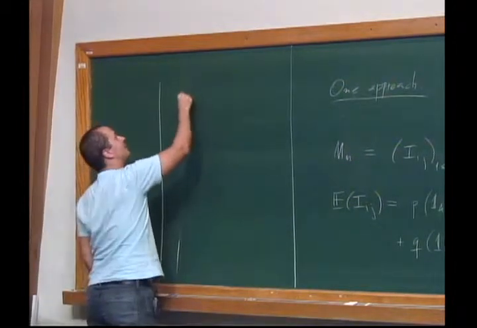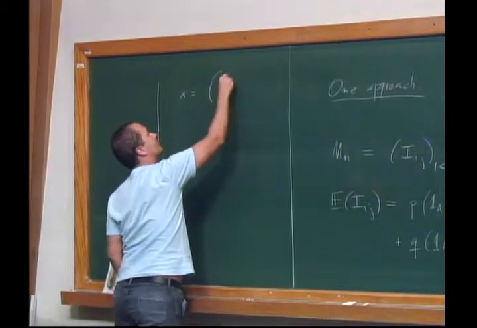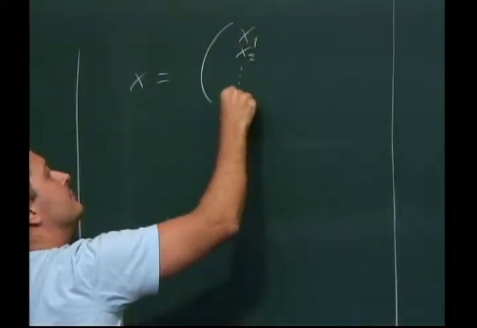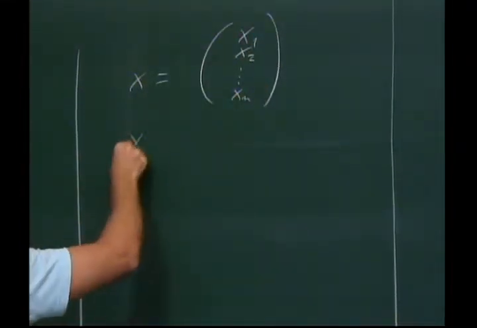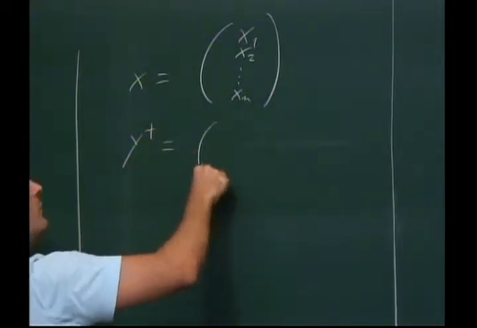Right, so a vector for me is just a column vector. So when I write y transpose, this is a row vector.